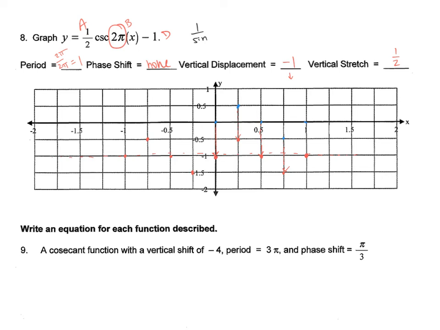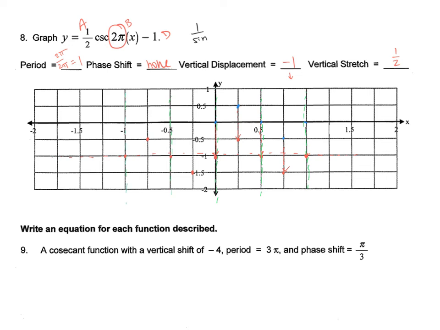I'm going to use my original zeros, my blue dots that were 0, to make vertical asymptotes. These are now on this new line of equilibrium, if we were in a physics class.